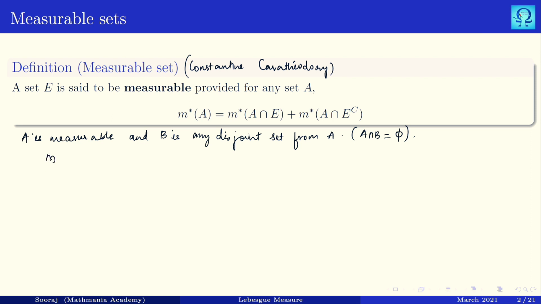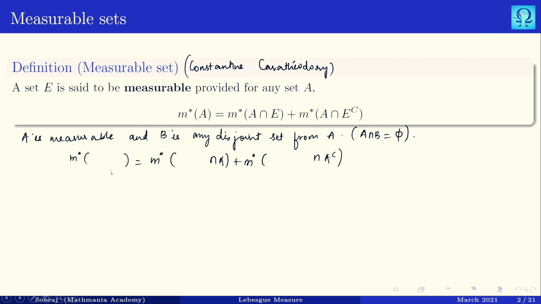Now A is given to be measurable, so m star of any set is m star of that set intersection E plus m star of that set intersection E complement. In the place of E, we will have A. And in the place of any set, what are we going to do?